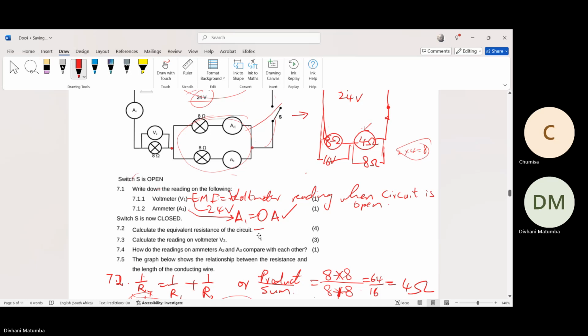So what will their readings be if you compare them? Will they be the same? Will they be different? Will one be larger than the other? What will the comparison be?